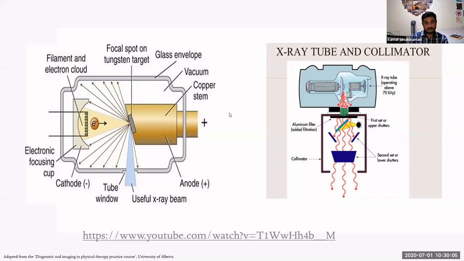When it hits, the kinetic energy is transferred to produce X-rays. The intensity of the X-rays depends on the number of electrons striking the metal target. So, if we can increase the rate of electrons emitted by the filament by increasing the current flowing through the filament, then we can increase the intensity of the X-rays.